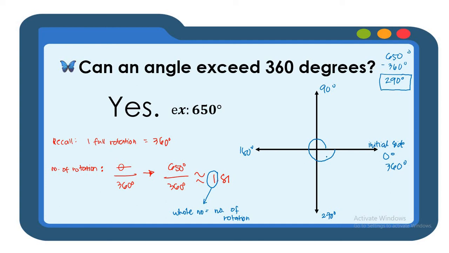290 is a reflex angle. So if this is 90, 180, 270, 290 will be somewhere here. So this is one full rotation. Let's add 290 degrees more. 290 will be somewhere here, again just an estimate.